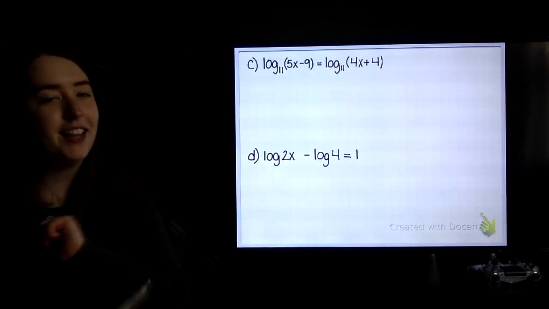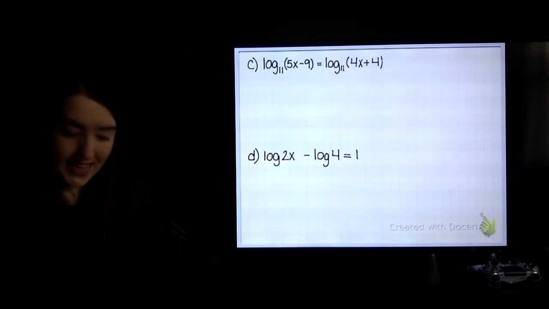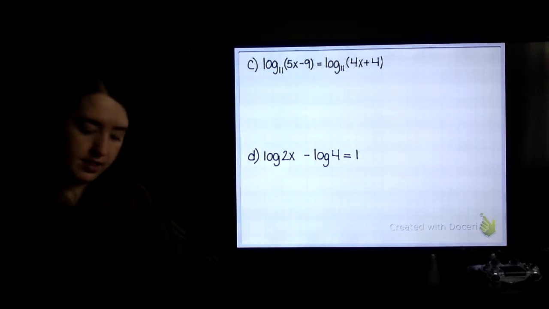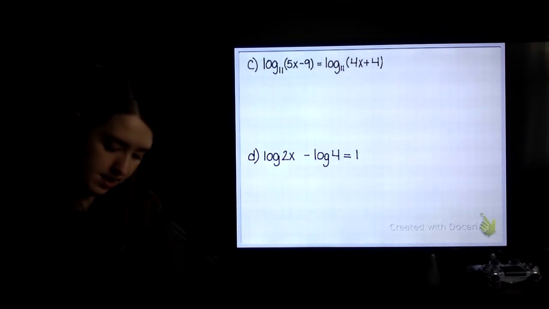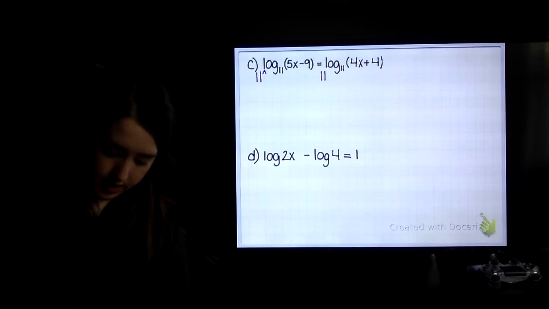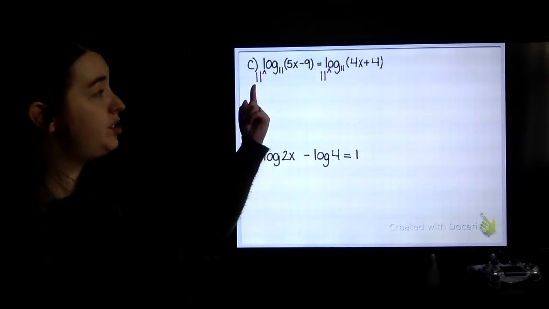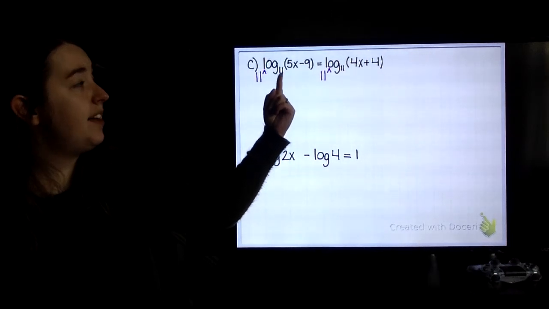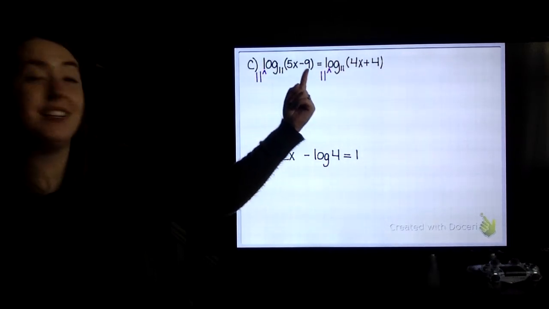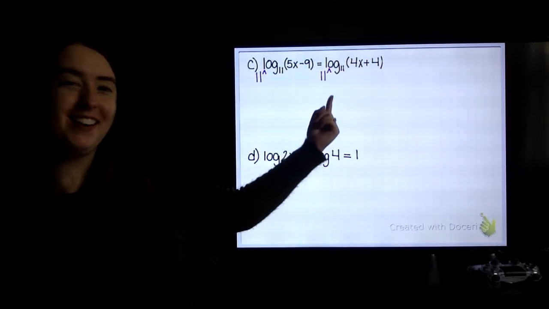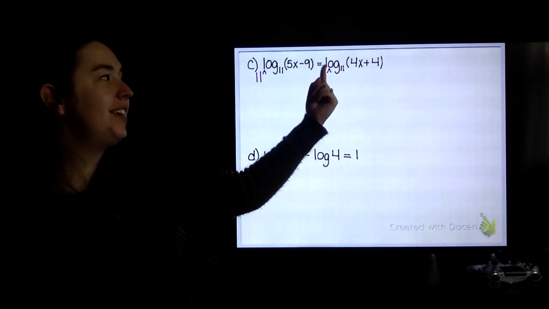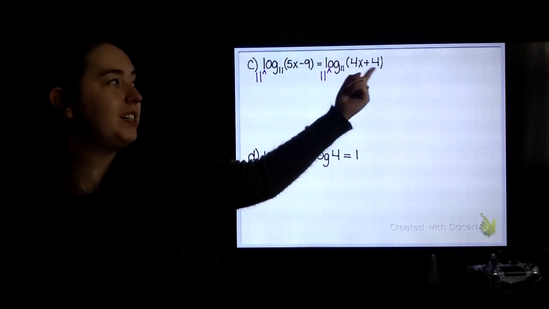So to undo a log base 11, I can take 11 to each side as a power. So 11 to the log base 11 of the 5x minus 9 power and 11 to the log base 11 of the 4x plus 4 power.